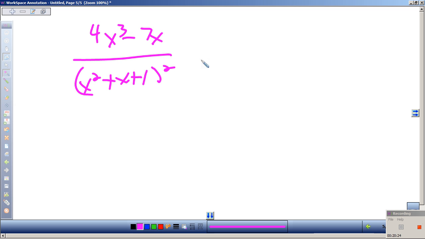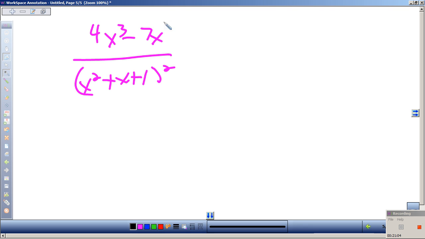What's the power on the bottom? 4. So not improper. You see where the 4 is coming from in the denominator. If I multiplied this out, I have x to the 4th. That's why we know it's not improper. If it were improper, you'd first have to do the long division.